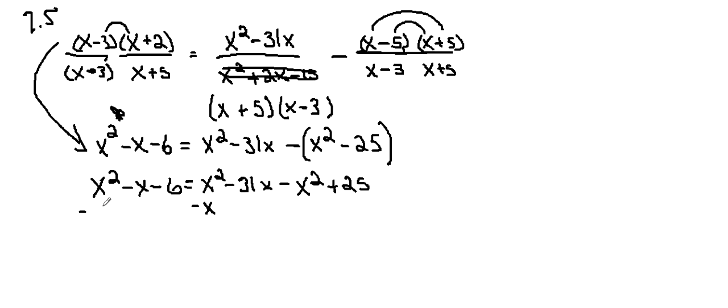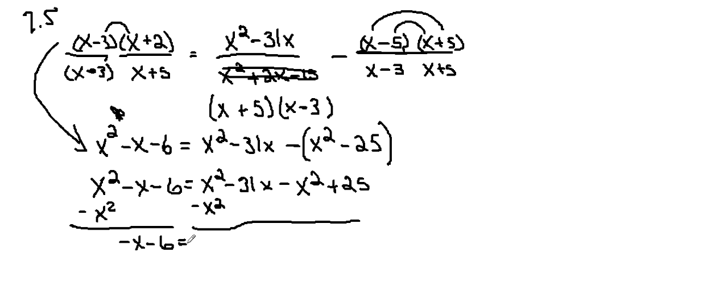I got negative x squared, and I got negative 31x. Well, I'll do it in steps, I think. So this is negative x squared. So now I've got negative x minus 6, that equals negative 31x minus x squared plus 25. I'll take it in slower steps.